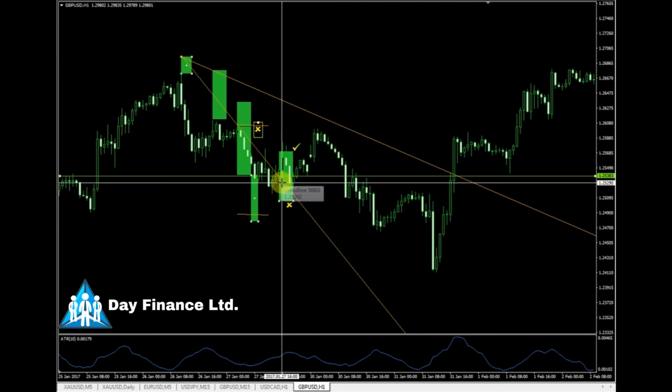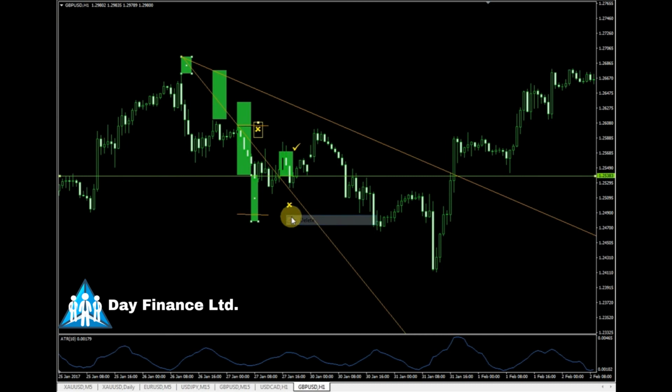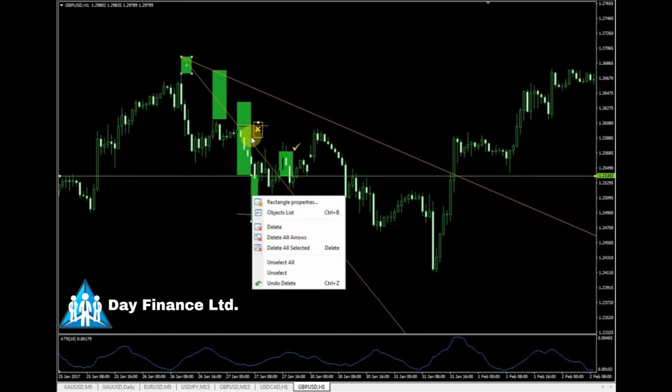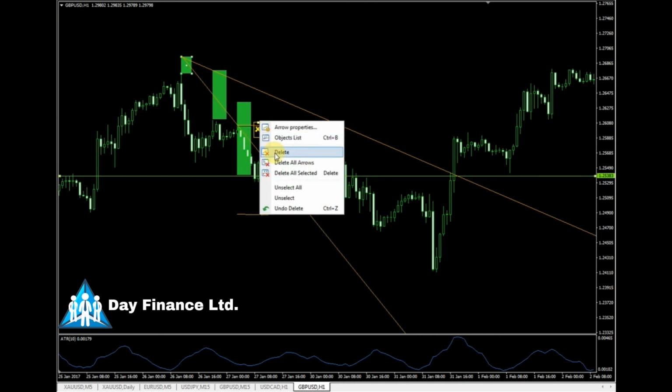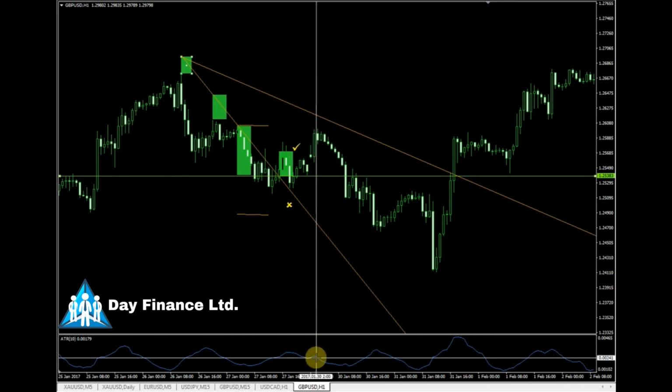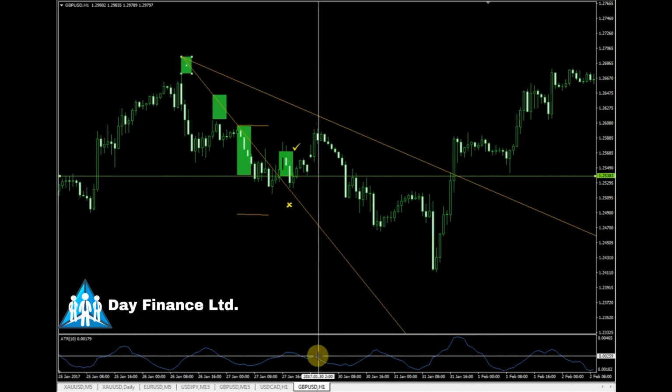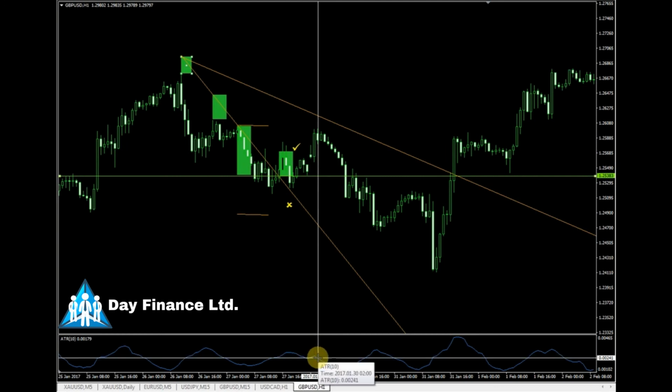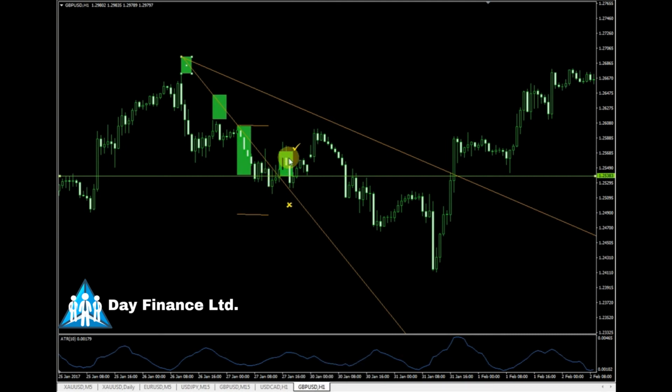And from now on, what to do now? So here, let me just clean this a bit. So here we have a good retracement. So let's see. This is the lowest, the next lowest high, so 24 pips.